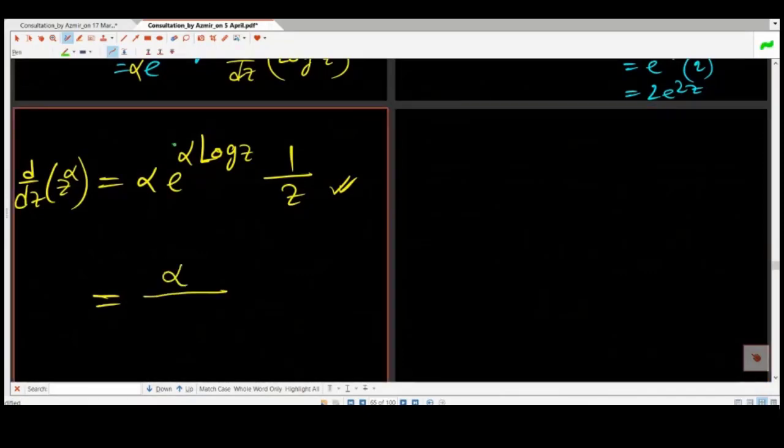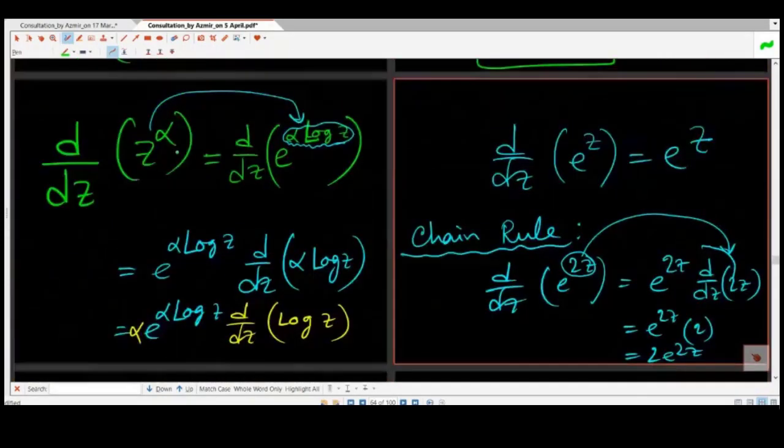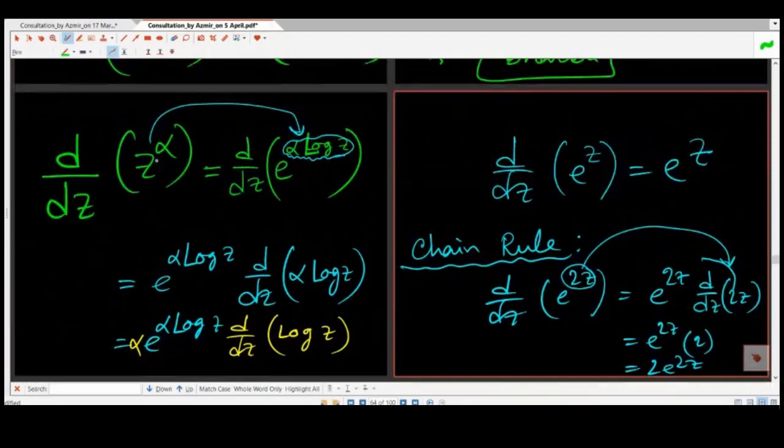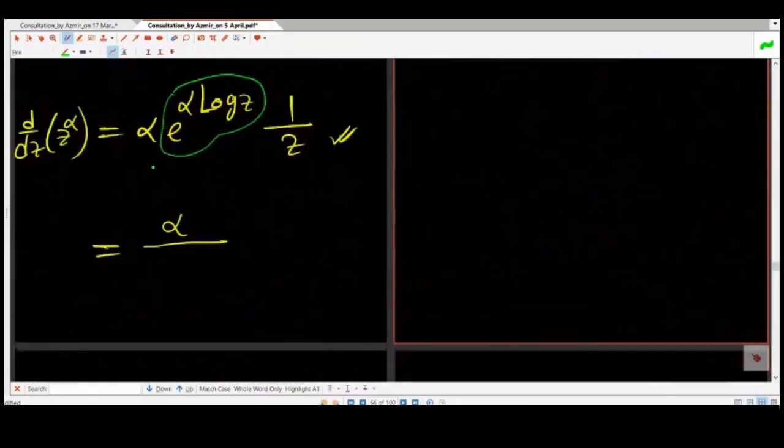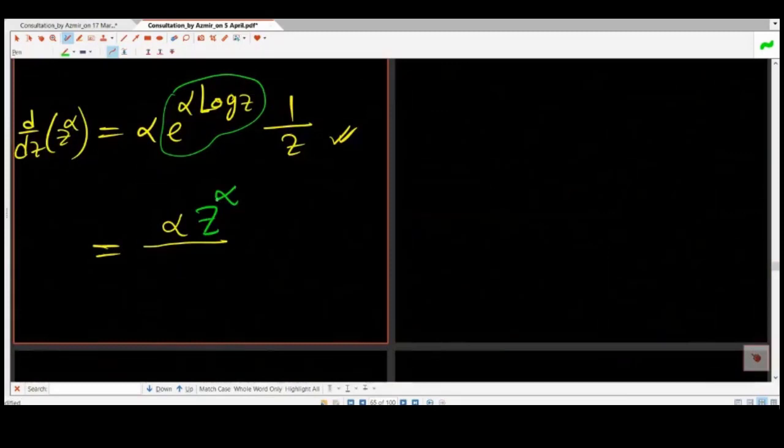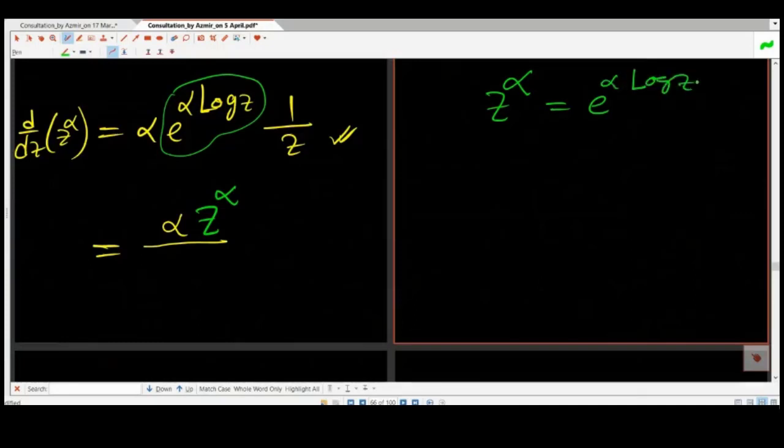We know that e to the alpha log z is z to the alpha. So why not we write this one? Because z to the alpha can be written as e to the alpha log z. We have this z in the denominator, so alpha z to the alpha minus 1, because here we have 1.